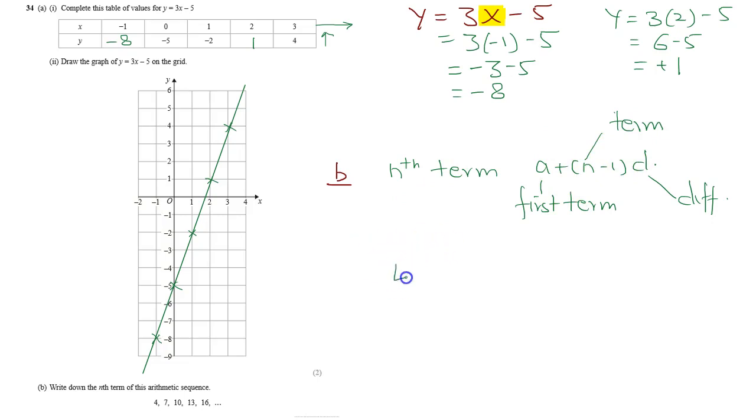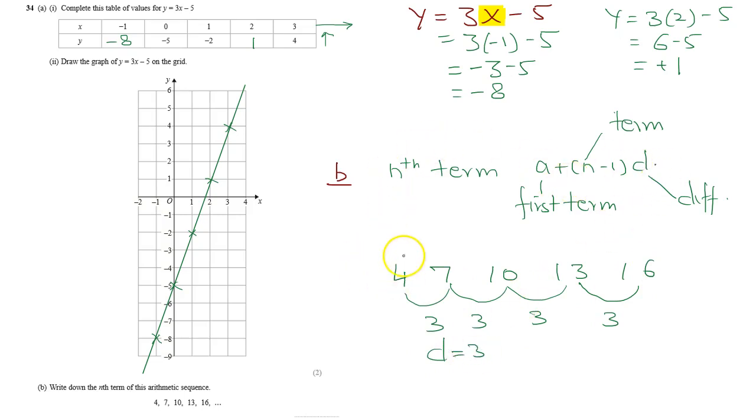So our sequence is 4, 7, 10, 13, 16. Now subtract: 16 minus 13 is 3, 13 minus 10 is 3, 10 minus 7 is 3, 7 minus 4 is 3. So the difference is 3, and the first term is 4. So we write a is 4 plus n minus 1 and d is 3.